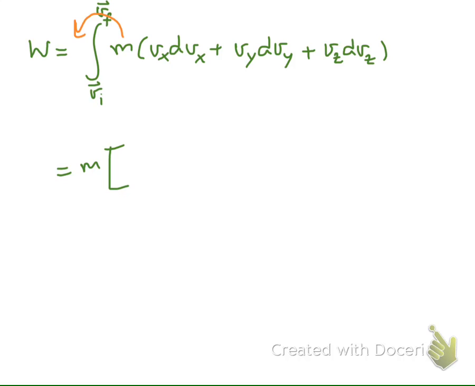So this is equal to m times the integral of vx dvx.